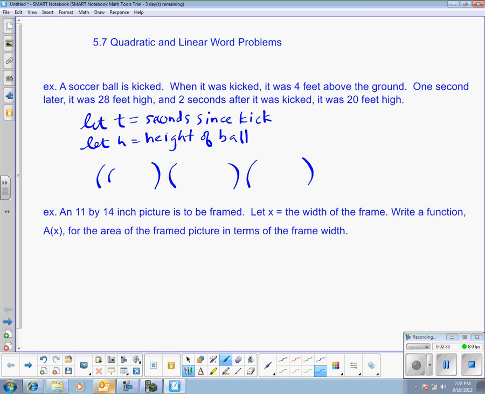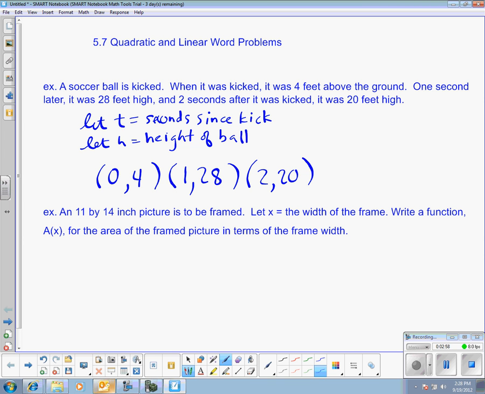So 0 seconds into this process, the ball has a height of 4. 1 second later, it's at 28, and 2 seconds later, it is definitely on the way down at 20. I'm assuming, I'm not sure if the 28 was past the peak or short of the peak. We'll see when we get to a picture.